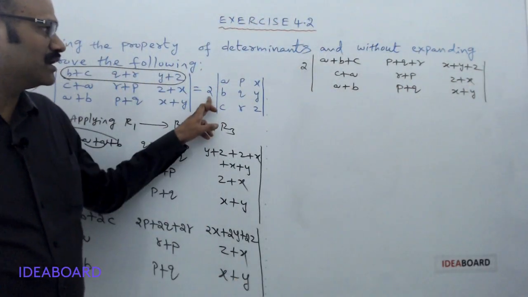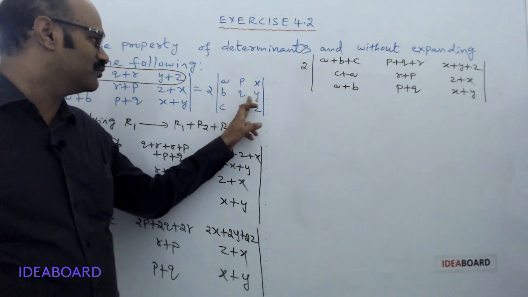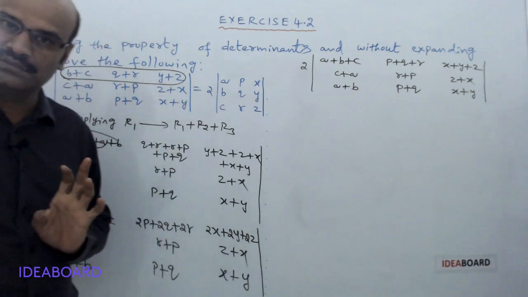Here we have to prove that 2 times determinant of a, p, x, b, q, y, c, r, z.